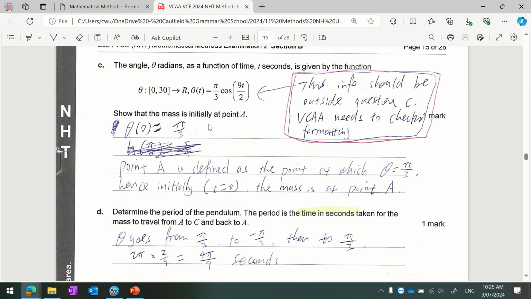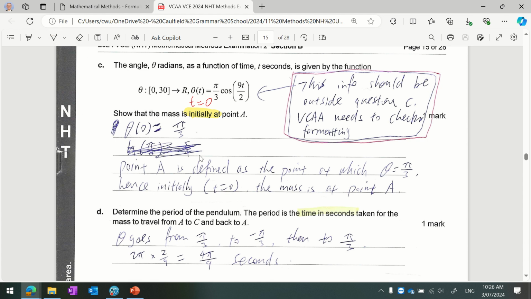And show that the mass is initially at point A. So you are supposed to know what the word initial means. The keyword here, I should have highlighted this, is initial. Whenever you see the word initial, in maths, it's t equals 0. Which means all we're doing is substituting 0 into it.